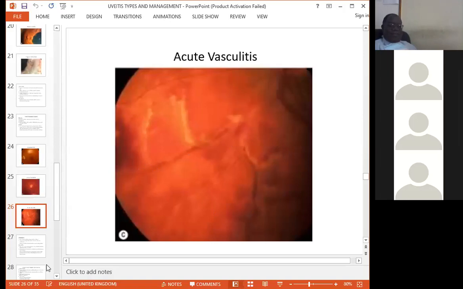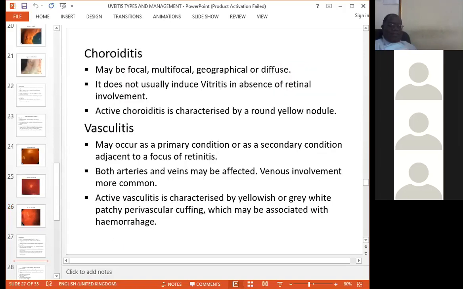Oh, go down there, sorry. This is the one. Choroiditis may be focal, multifocal, geographical, or diffuse. Choroid is below the retina. You've got the retina, then choroid.